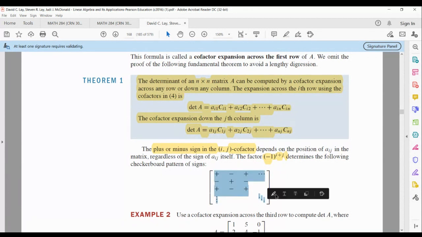But that is just equivalent to having a matrix where the number in the top left-hand corner has a plus in front of it, the number below that has a negative, the number to the right of that has a negative, and it branches out like that with the pluses and minuses. How many find that little diagram helpful? I find it helpful.